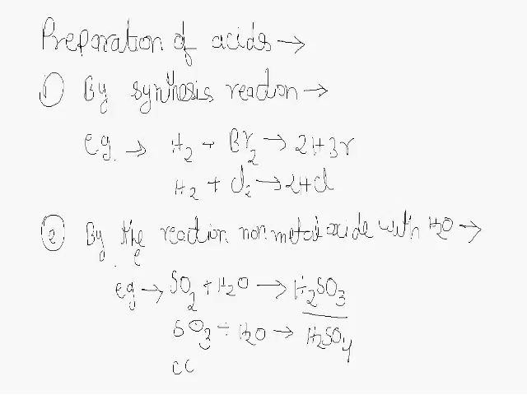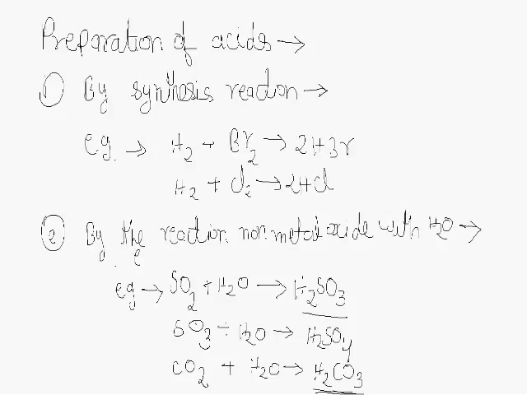Similarly, when CO2, carbon dioxide, reacts with H2O, it gives another acid, that is carbonic acid, H2CO3. H2CO3 is called carbonic acid.